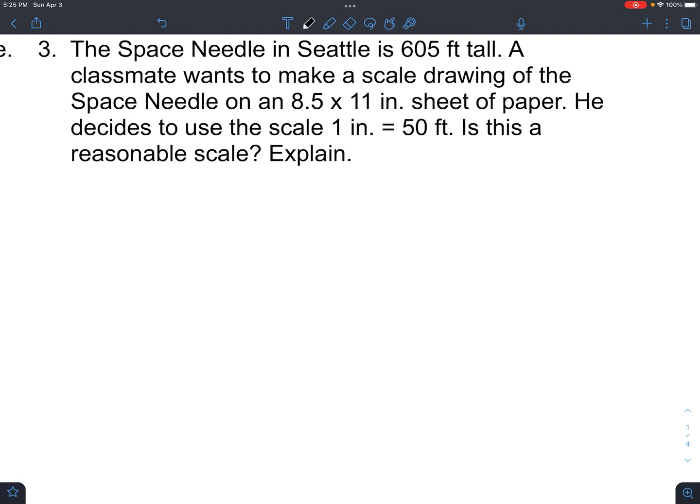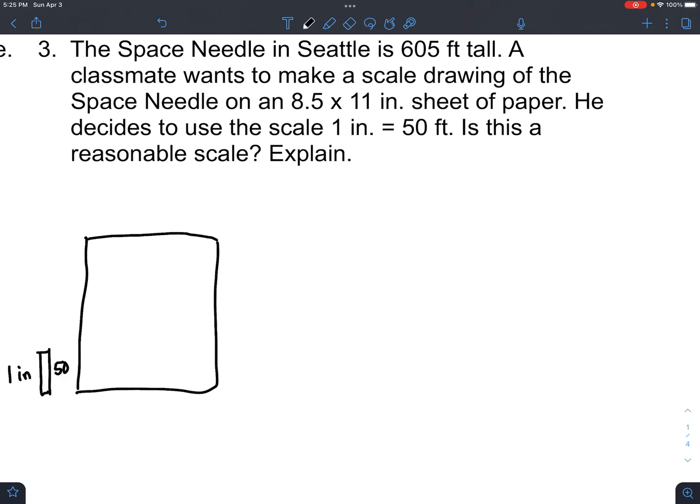Okay, so let's imagine we have a sheet of paper and we have this scale that says that 1 inch is also 50 feet. We're trying to draw a picture of the Space Needle. So we use this scale, but we want to know if it's reasonable.